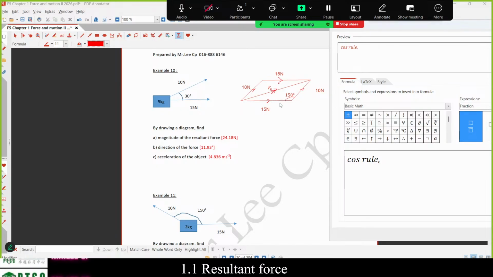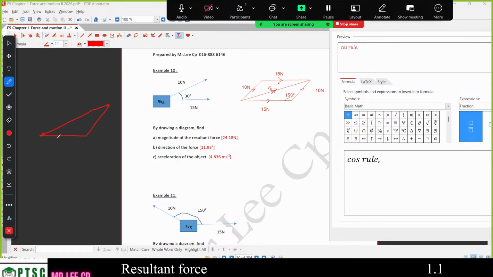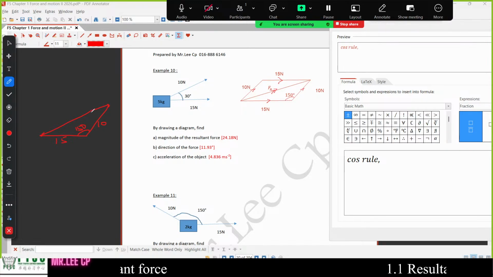So this one is 15 squared plus 10 squared. First of all, you take it this way. This one is 15, this one is 10, here is 150 degrees. You want to find this one, FR.